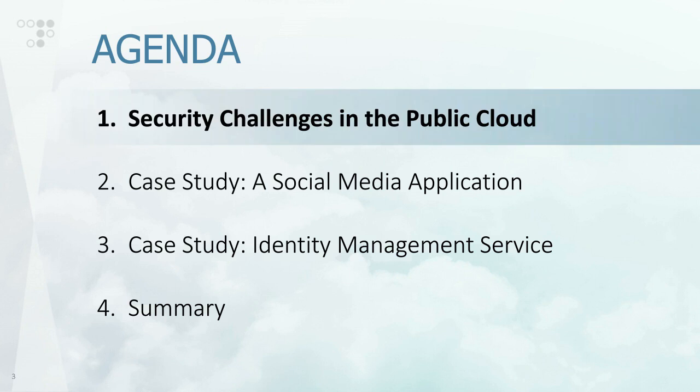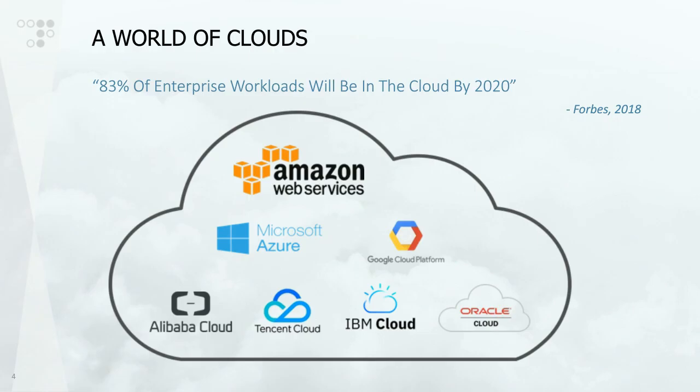So as we've said, the first part is an overview discussion of some of the security challenges of migrating computing workloads to the public cloud. If you're attending this webinar, you probably don't need to be told that migration of computing workloads to the public cloud is a major industry trend.